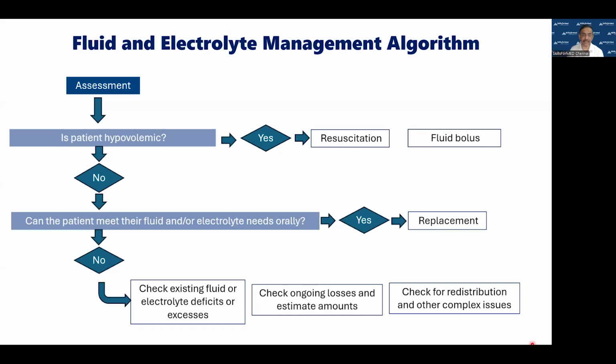This is based on the NICE guidelines. So ask about the patient's hypovolemic status, whether they can take orally, and if you're giving IV therapy, look at the existing and past losses, ongoing losses, and then look at the patient's condition, see whether there are redistribution issues or other complex issues, and get expert opinion.